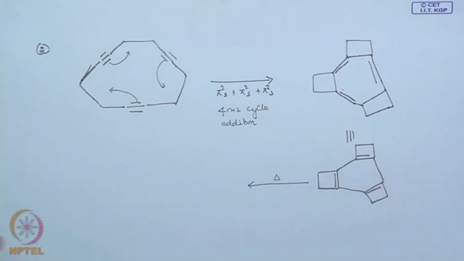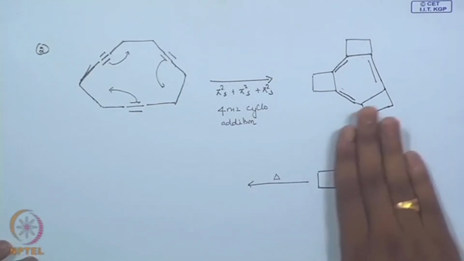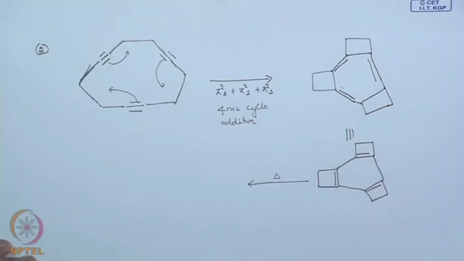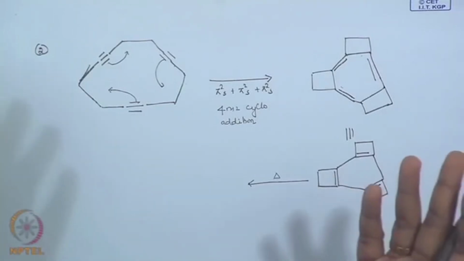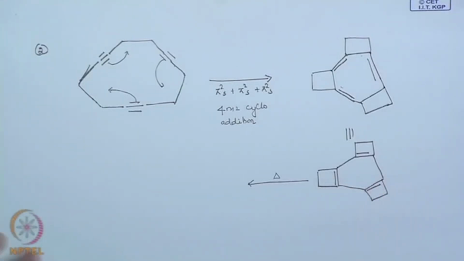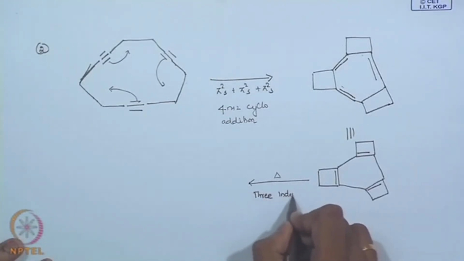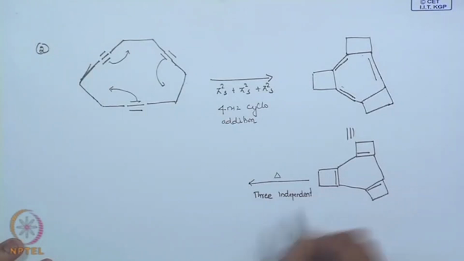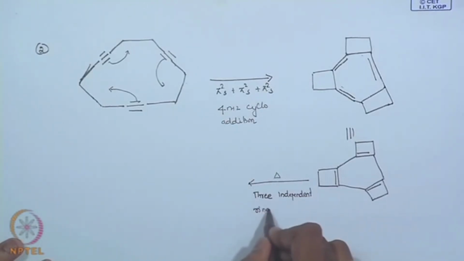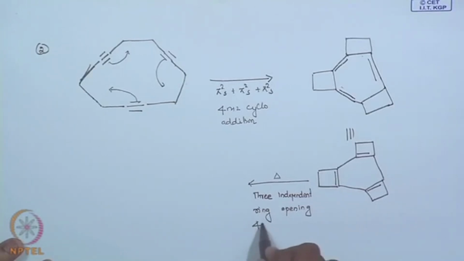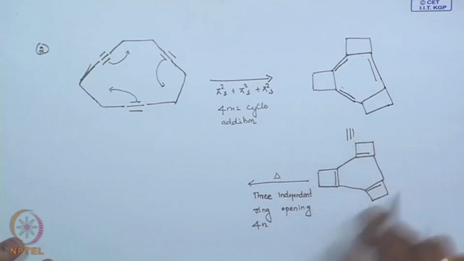The molecule looks really different to you, but just close it and see, it is nothing but a cyclobutene. It is a 4n system, and you will have 3 independent 4n ring openings. So you will have 1, 2, 3.